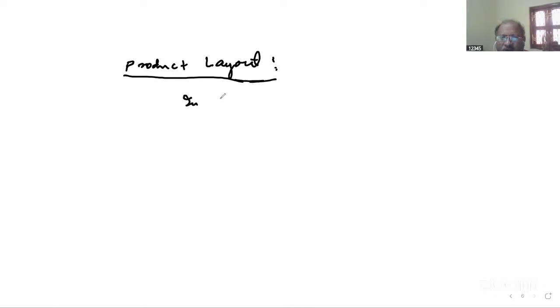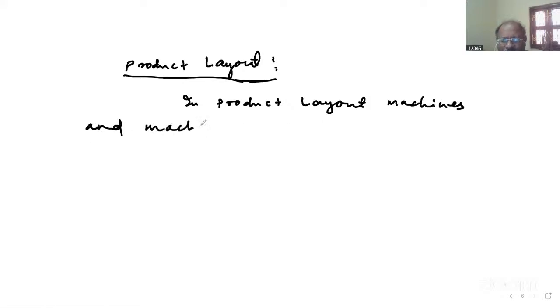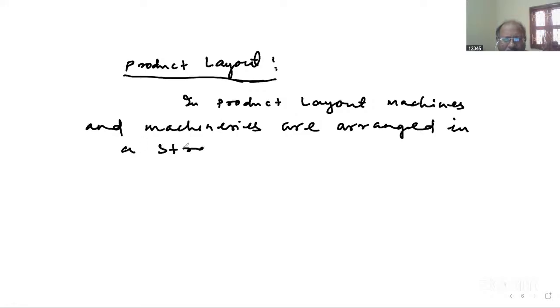In product layout, machines and machinery are arranged in a straight line.